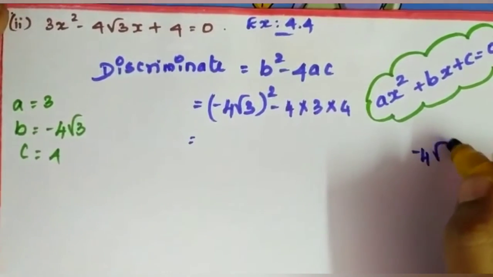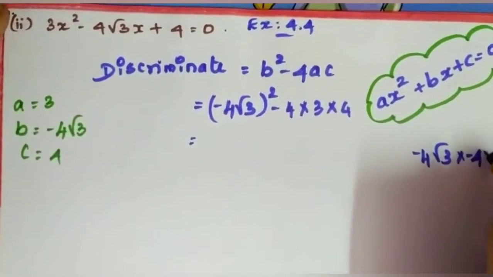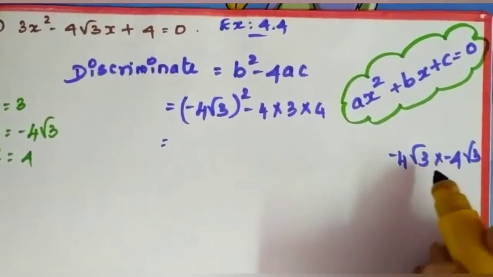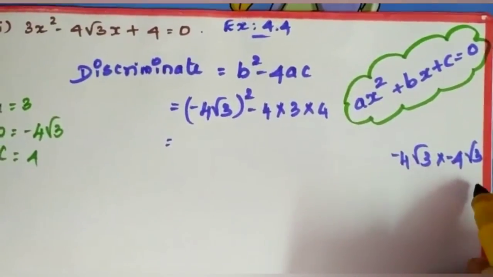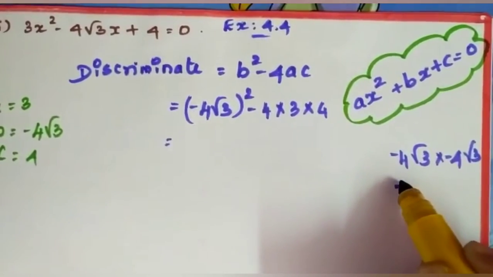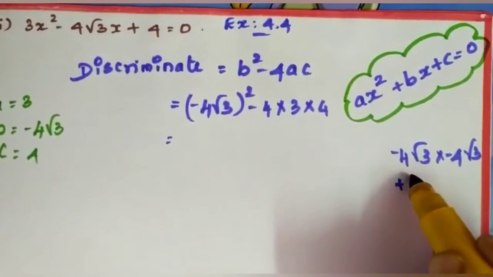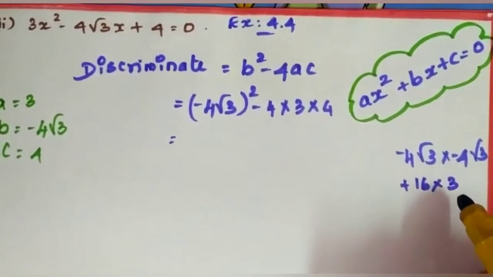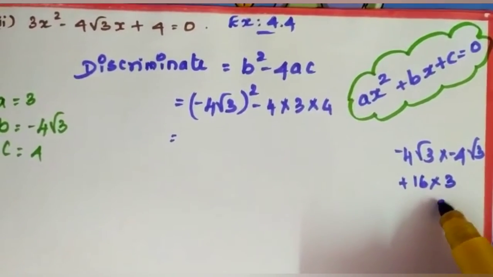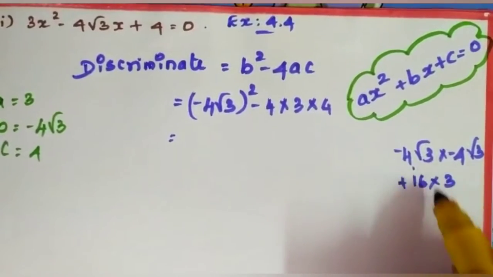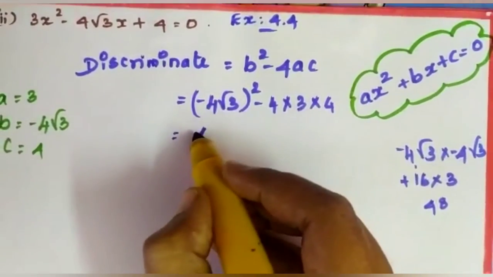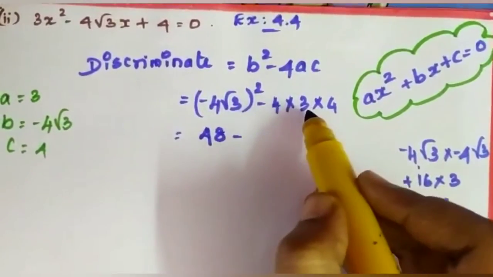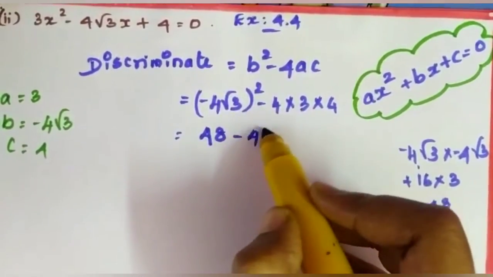We have a square, so write root 3 two times and multiply separately. Minus into minus is plus. 4 fours are 16. Root 3 into root 3 is 3. 16 threes are 48. Then 4 threes are 12, 12 fours are 48.